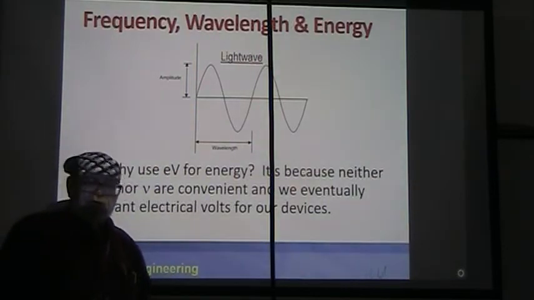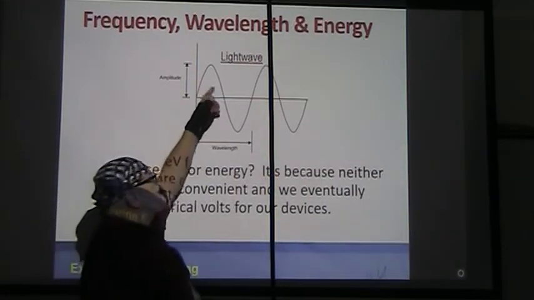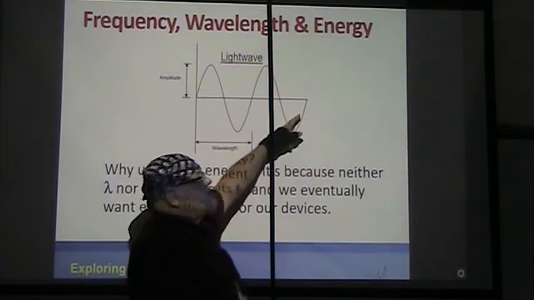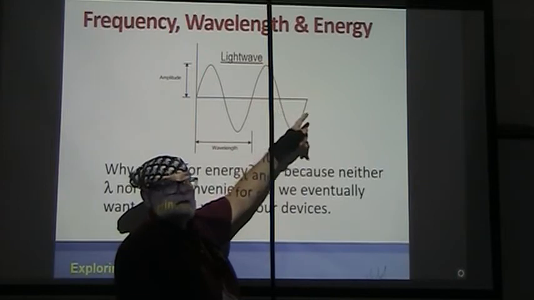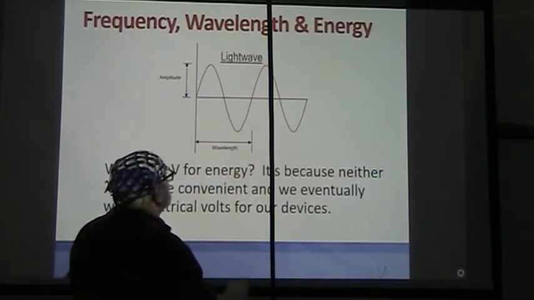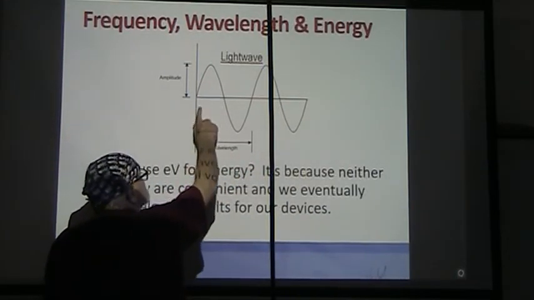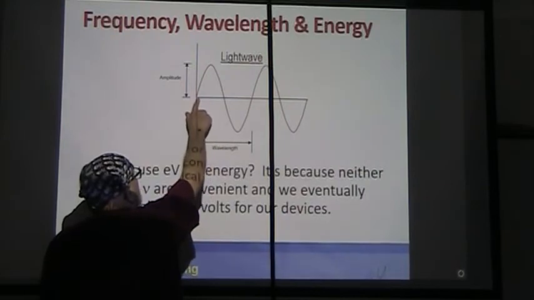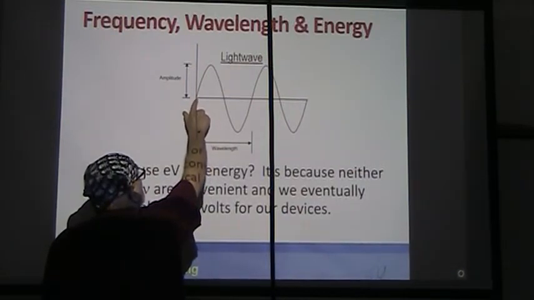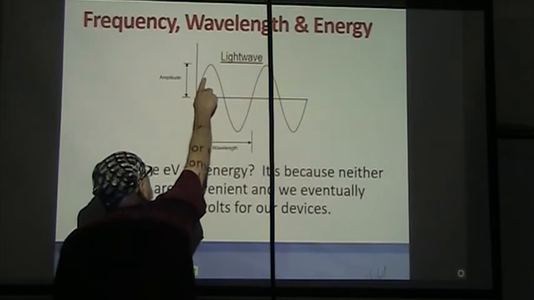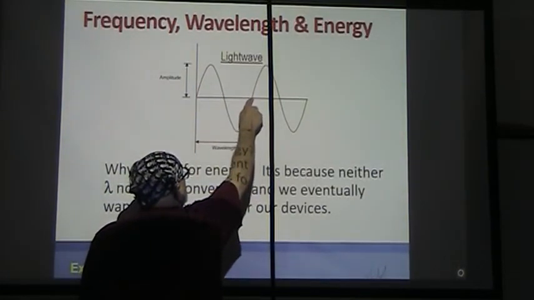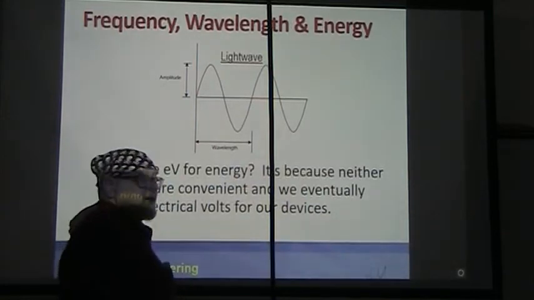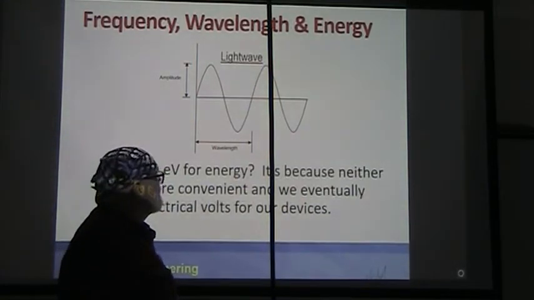All right, so our sinuous curving line here represents a light wave. Its wavelength is the distance it takes to get from starting the light wave, coming through and returning to the same spot again.